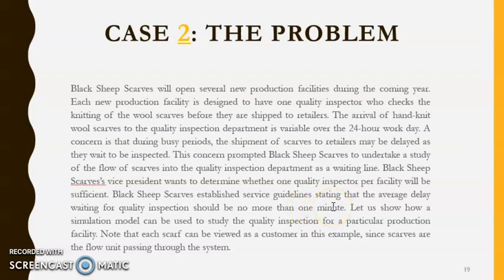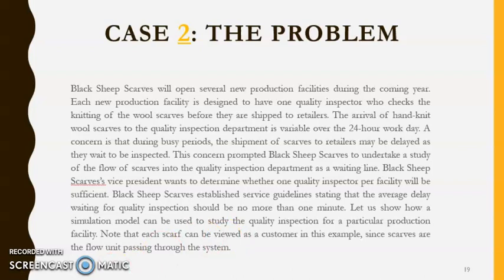Let us show how a simulation model can be used to study the quality inspection for a particular production facility. Note that each scarf can be viewed as a customer in this example, since scarves are the flow unit passing through the system.